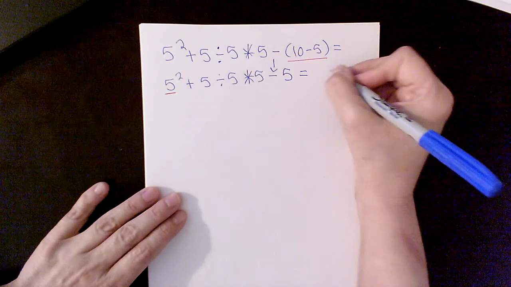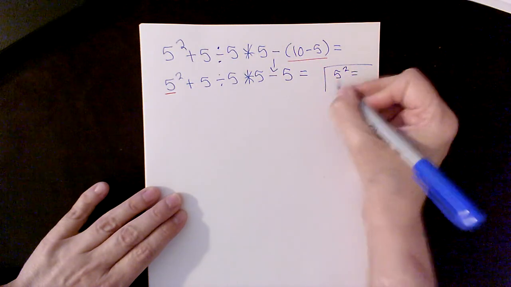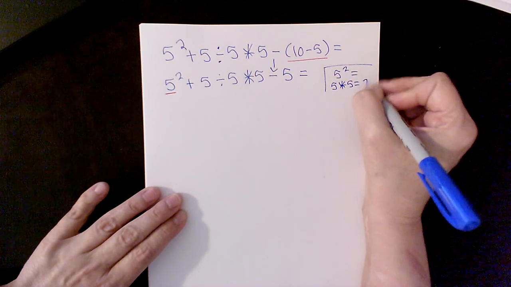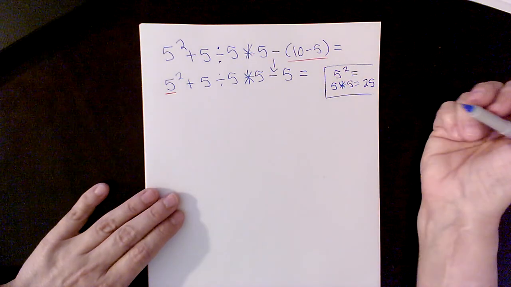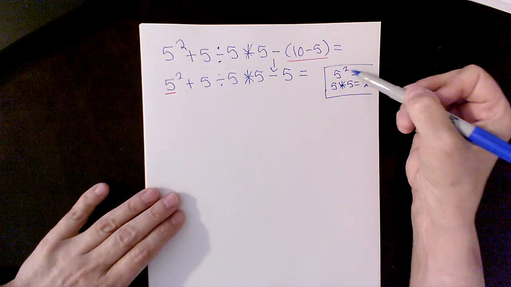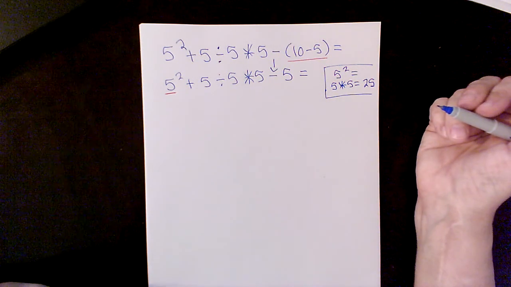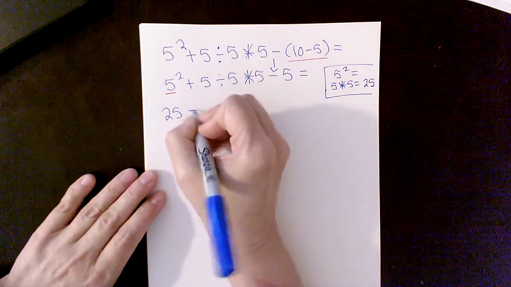But rewrite everything and include that, and then just keep it going. So 5 squared, what does that mean? You might need to review that. That means 5 times 5, the power tells you how many times to multiply it. So 5 times 5 is 25. So I'm going to put a 25 here.